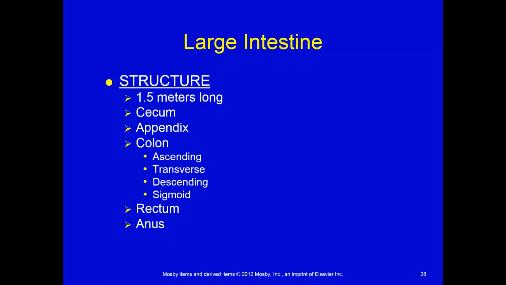What would the stool look like here as opposed to here in terms of its liquid content? It's going to be more liquidy here in the cecum, as opposed to here right before you get to the sigmoid or the rectum or the anus. Very good. Because that is where most of the water is absorbed, in the colon. So that's very important to understand.